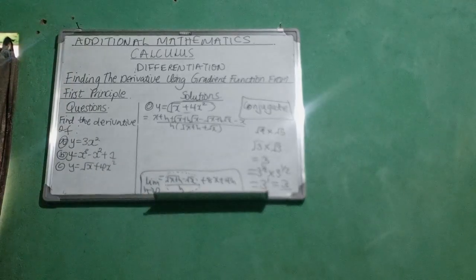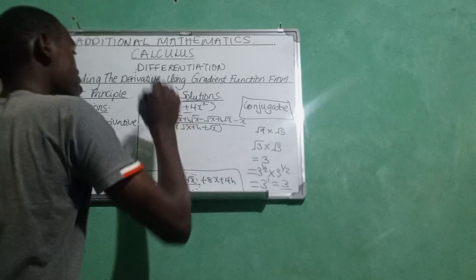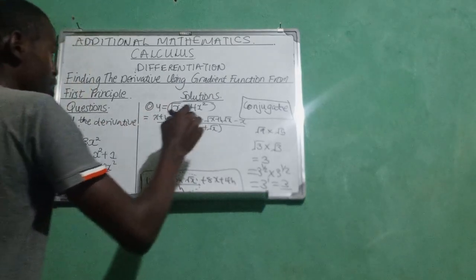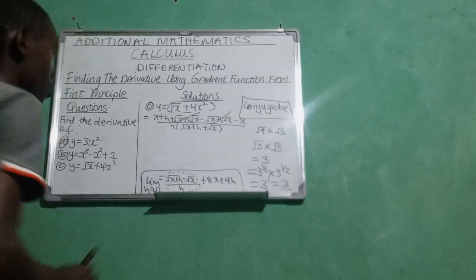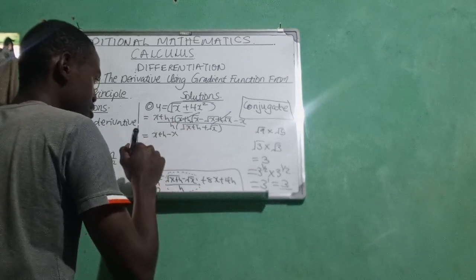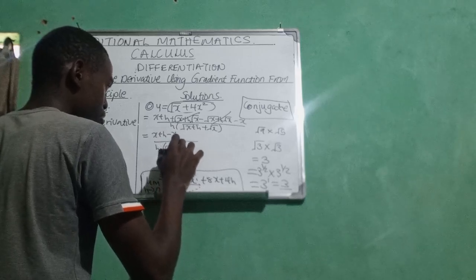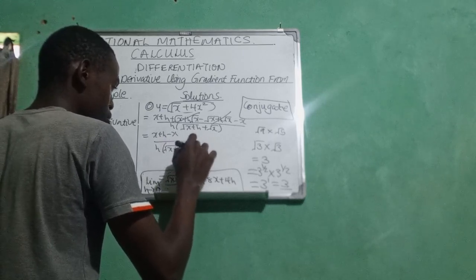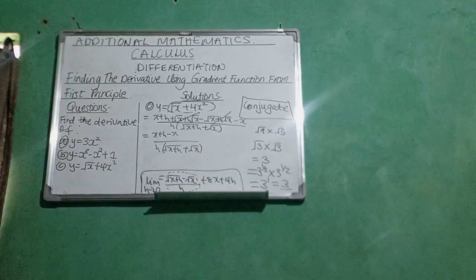Then reaching this point, what we are going to do is this. This square root of x plus h multiplied by square root of x is the same as this. They cancel out and give you 0. So it would be equal to x plus h minus x, divided by h multiplied by square root of x plus h plus square root of x, like that. That's what we are having.